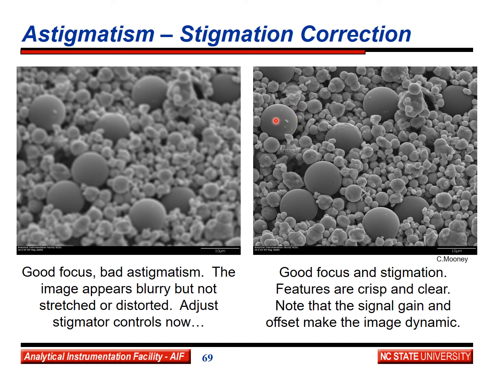Here's another couple of little features on top of this latex sphere, and they look sharp and crisp. Over here, we just see a smudge. This feature in the image that is uncorrected looks like nothing. And when we look at the image that's astigmatism corrected, it appears that someone has pitched a tent on top of an asteroid. So we're looking for detail when we adjust the astigmatism.